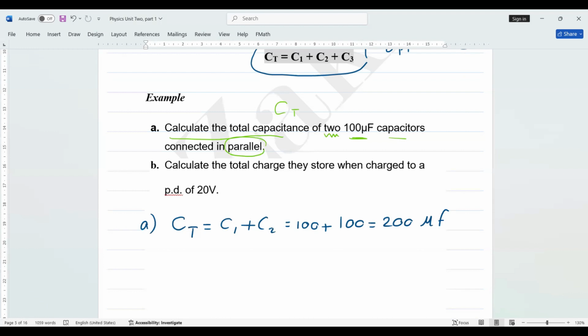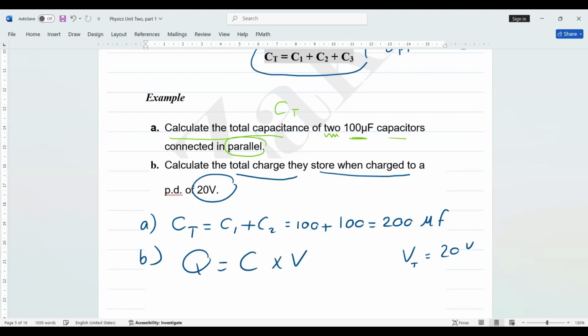Calculate the total charge they store when charged to 20 volt. Now, in part B, we have the total voltage. V total is 20. What do we need? We need Q. What is Q? Q equals C times V, of course, C total and V total. C total is 200 microfarad. Now, it's a good idea to convert to farad.